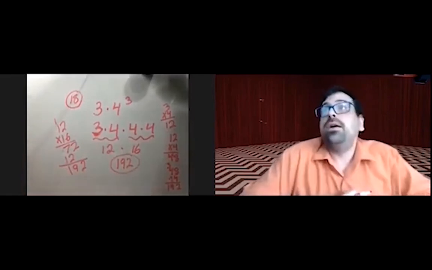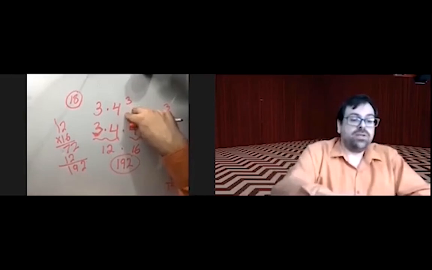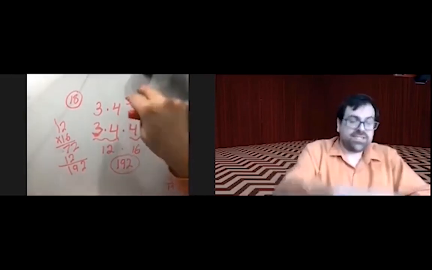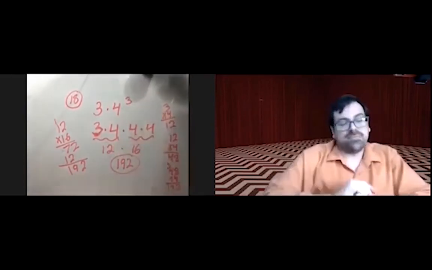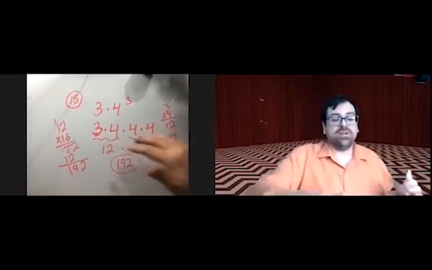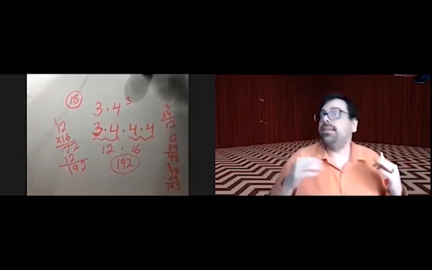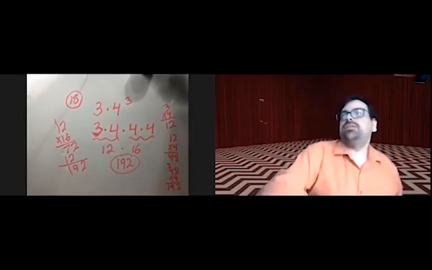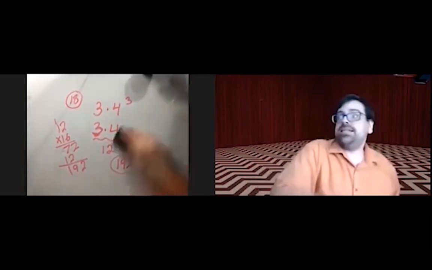I get 192 that way. Or if you wanted to do the 4 cubed, is 16 times 4 is 64, and then do 64 times 3. Guess what you get? 192. So no matter how you multiply these factors together, you're going to get the correct answer, the only correct answer, of 192.